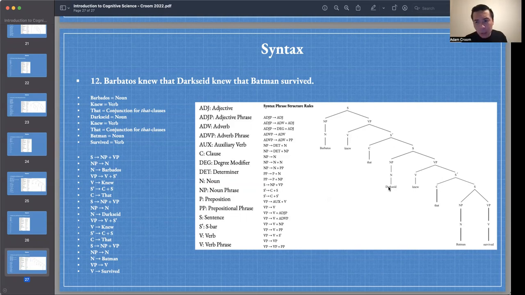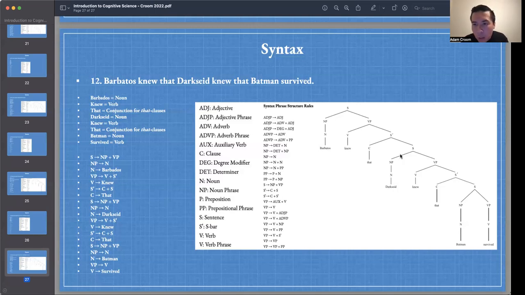And so we just need to embed Darkseid knew that Batman survived underneath the content of what Barbatos knows. This is sort of like the propositional content of Barbatos's thoughts.